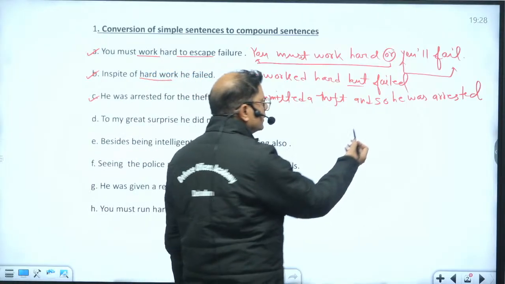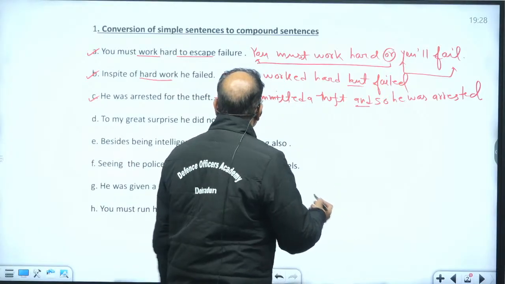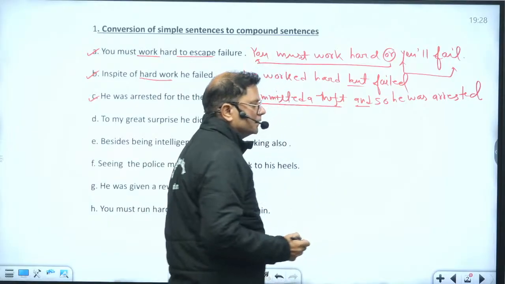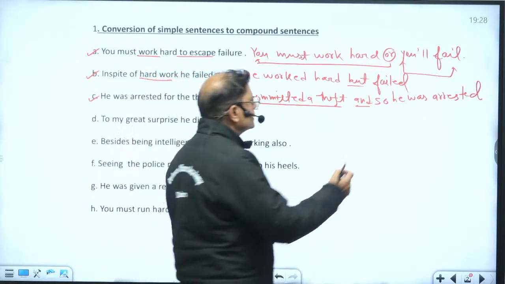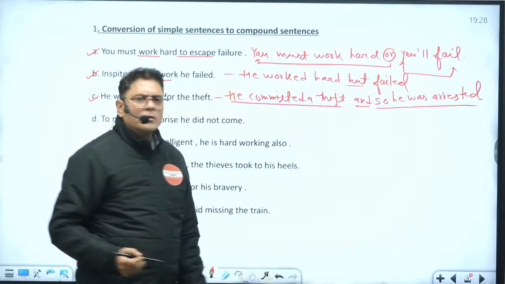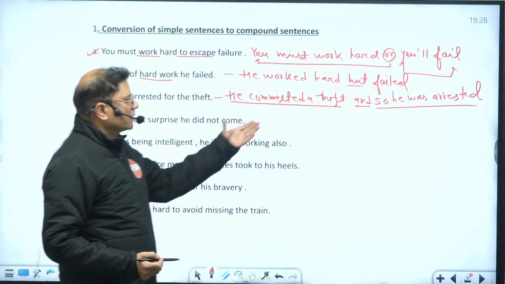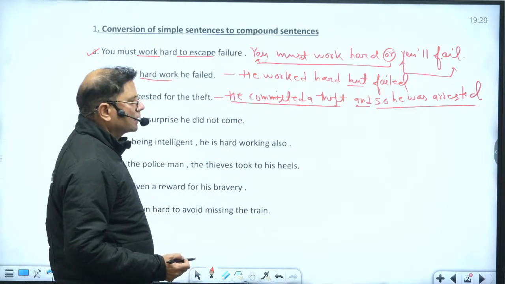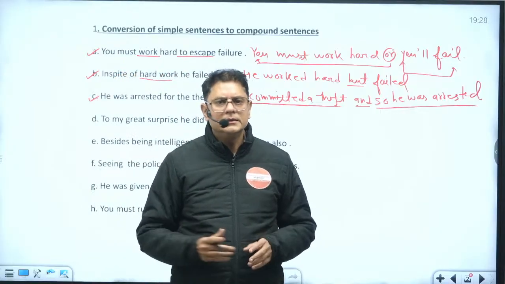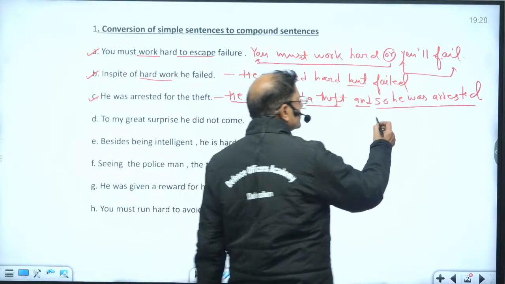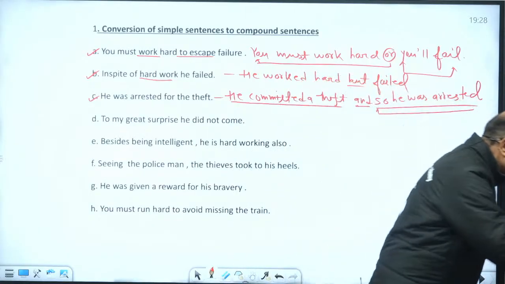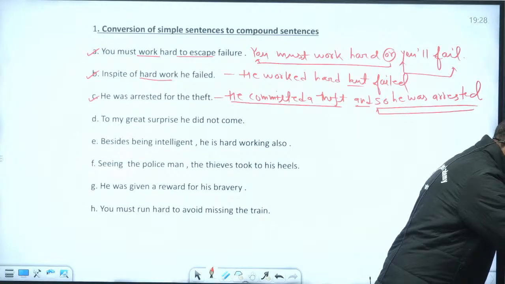So here you see the word and here it is a clause completely making its sense in its entirety. And similarly here, so he was arrested. He committed a theft.